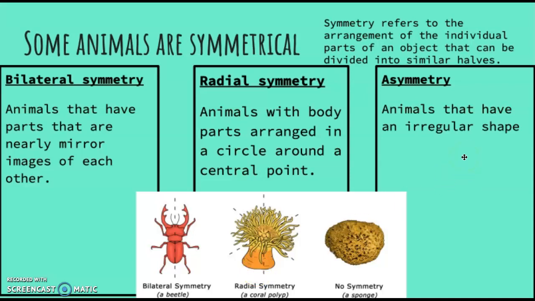Then there was asymmetry where the animal has an irregular shape and it does not matter where you draw a line, both sides will not be any sort of mirror image of each other. So the bilateral symmetry is the beetle here, the radial symmetry was the coral polyp, and the asymmetry was a sponge.